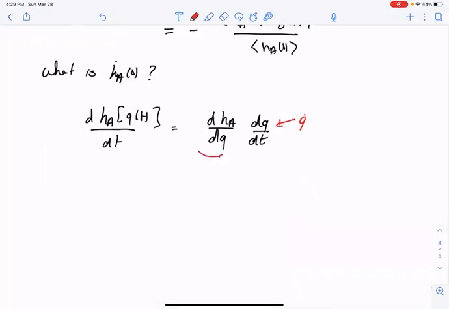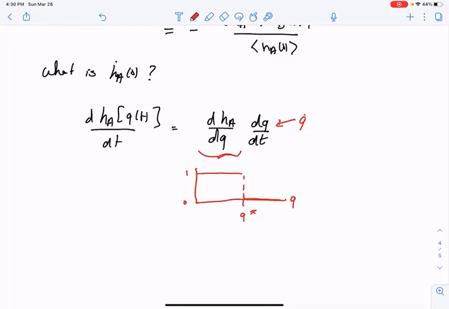Now, HA, on the other hand, is a function defined on Q that changes from 1 for Q less than Q star discontinuously to 0 for Q greater than Q star. The derivative then is 0 for all Q less than Q star and all Q greater than Q star, and divergent at exactly Q star.